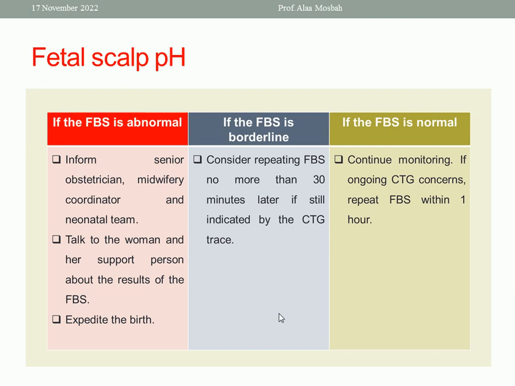What if the fetal blood sampling is normal? It's okay, no problem. Continue monitoring with CTG. But if there are ongoing CTG concerns, repeat fetal blood sampling within 1 hour.